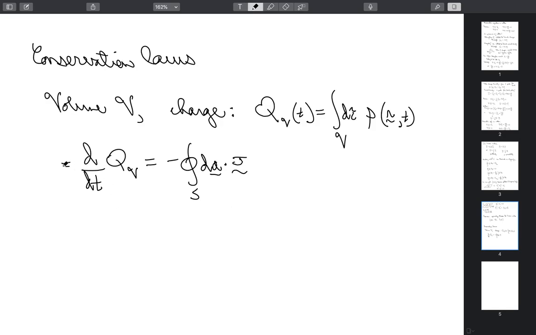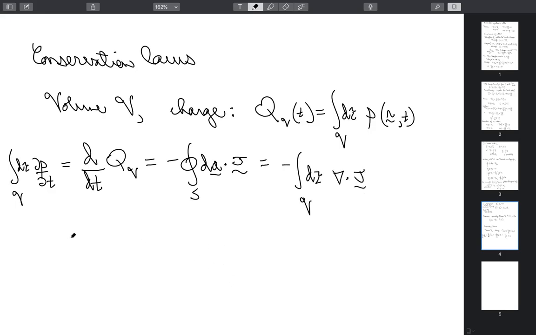this side here can be just written as the integral over the volume of the charge density, differentiated with time. So I'm just telling you stuff that you know very, very well. This side here you can rewrite with the divergence theorem into an integral over the volume of the divergence of the current.